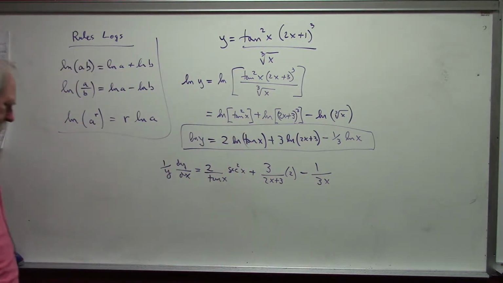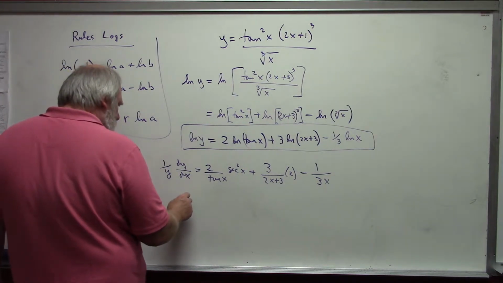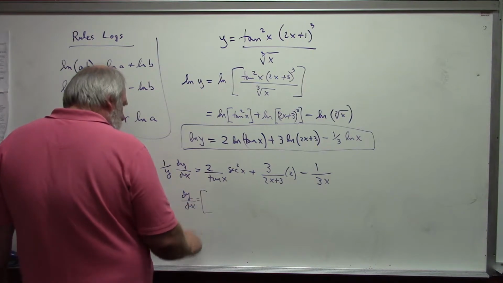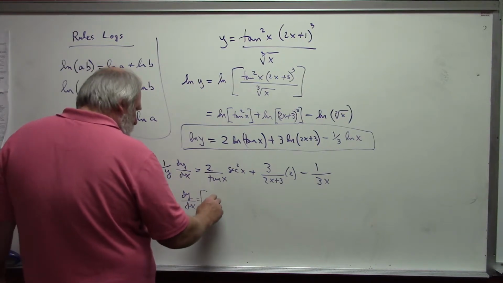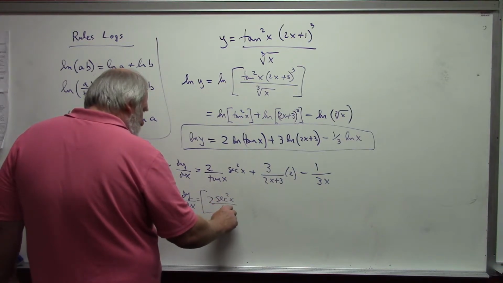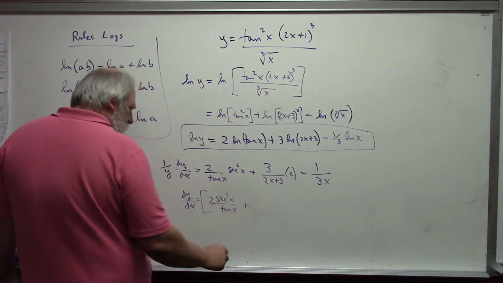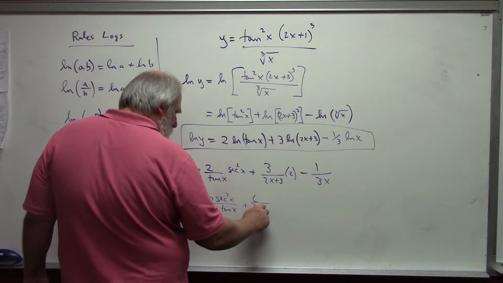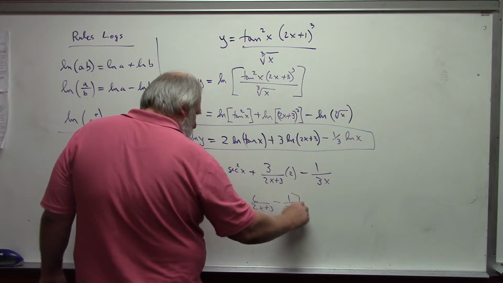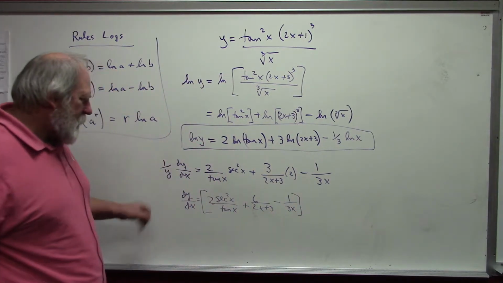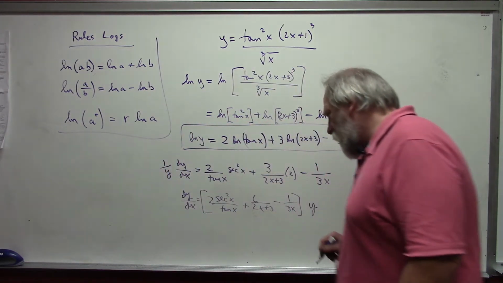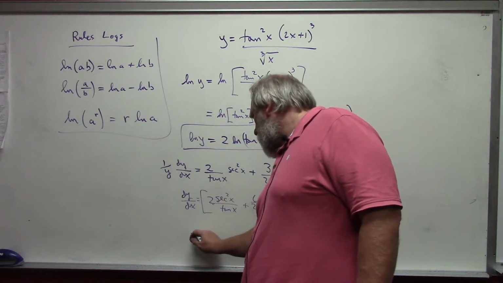Which means my derivative, dy/dx, is 2 secant squared of x over tangent of x, I'm just going to leave that like that, plus 6 over 2x plus 3 minus 1 over 3x, times my function y. I don't want to leave that as plain old y, so I will write back what we started with.